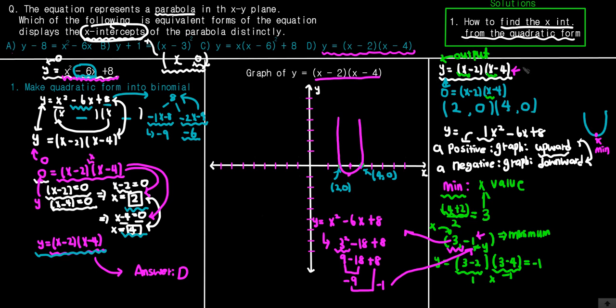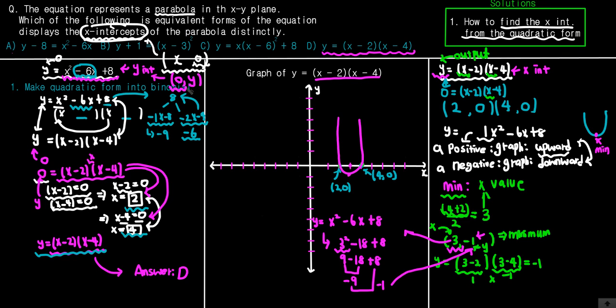For the factored form, we use it to find the x-intercept, which means the y value is equal to 0 and the x value exists. And for the standard form, we use it to find the y-intercept, which means the x value is equal to 0 and the y value exists.